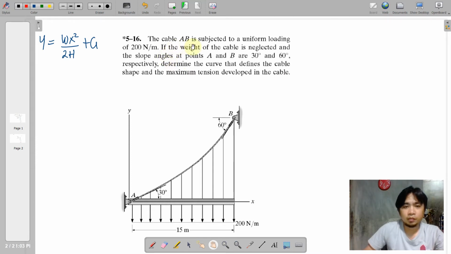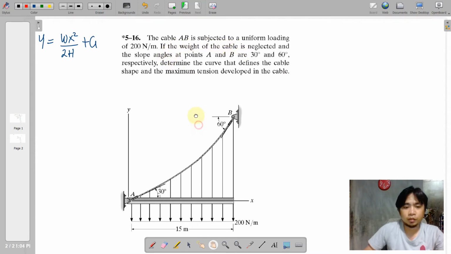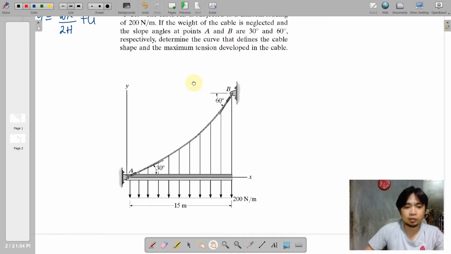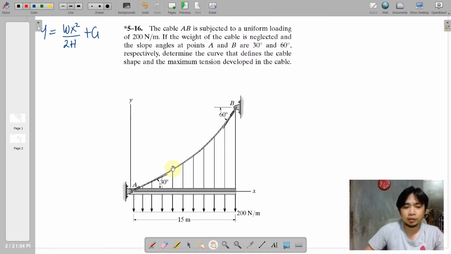The cable AB is subjected to a uniform loading, we can see it here, 200 Newton per meter. If the weight of the cable is neglected and the slope angles at the two points A and B are given to be 30 degrees as well as 60 degrees respectively, determine the curve that defines the cable shape and the maximum tension developed in the cable.